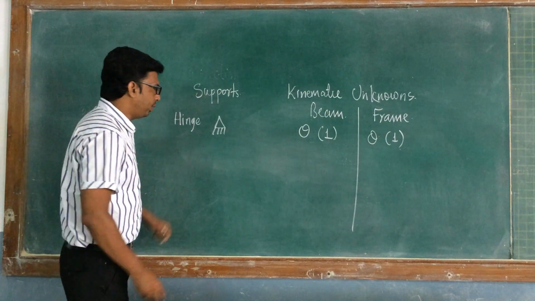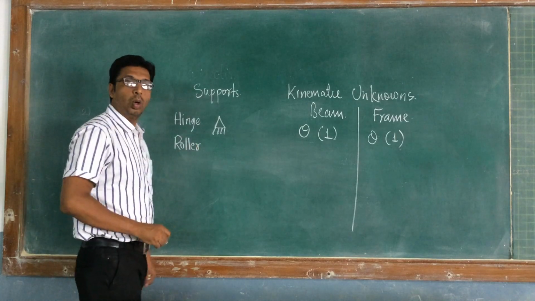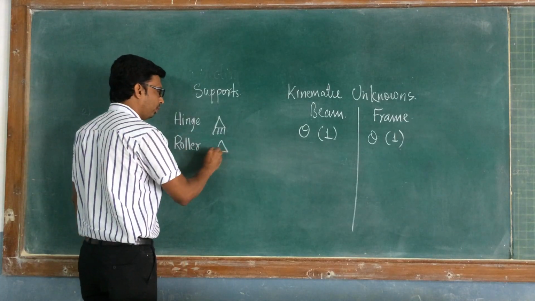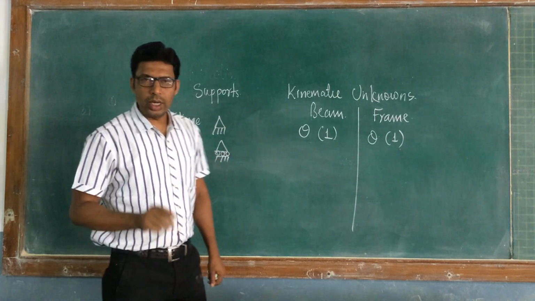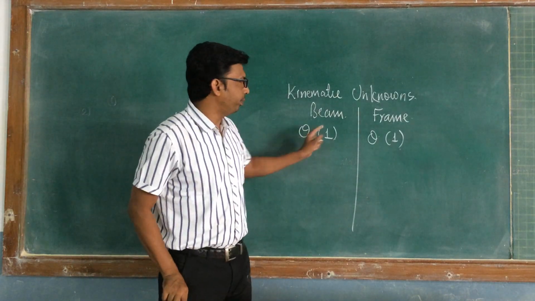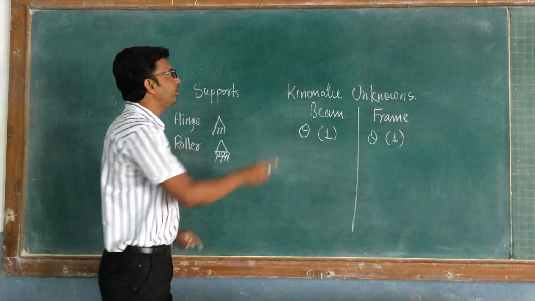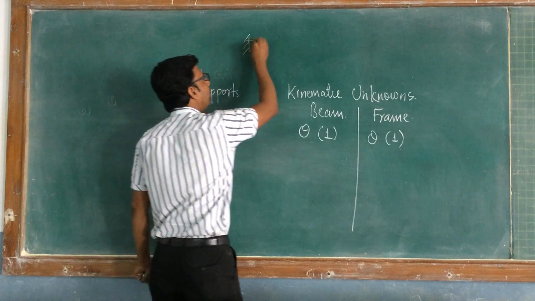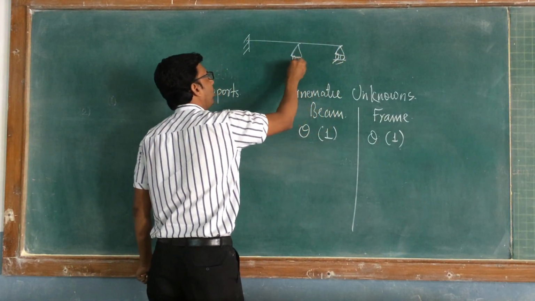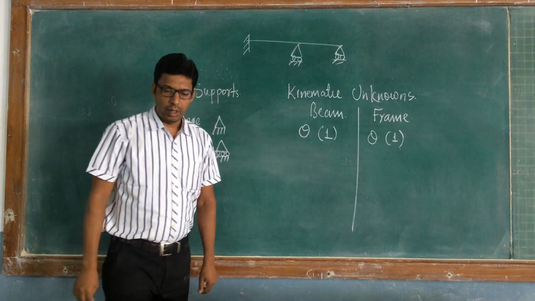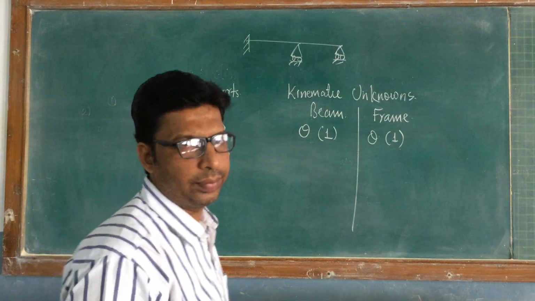Second support is roller support. If a roller support is provided in beam, roller support means it allows the horizontal displacement.